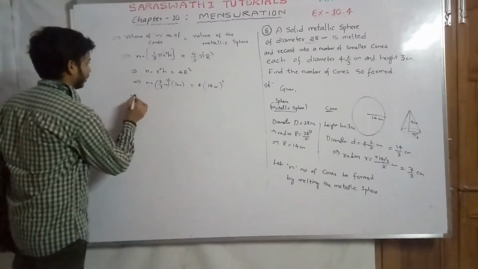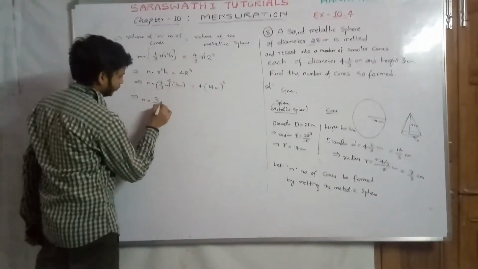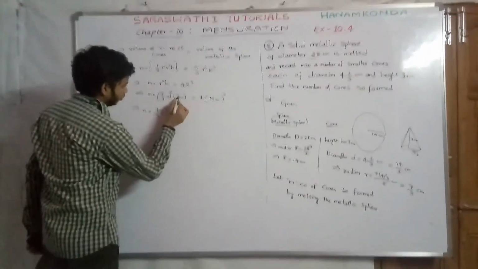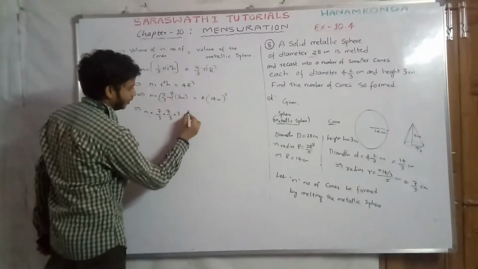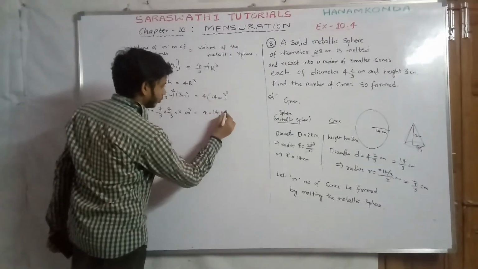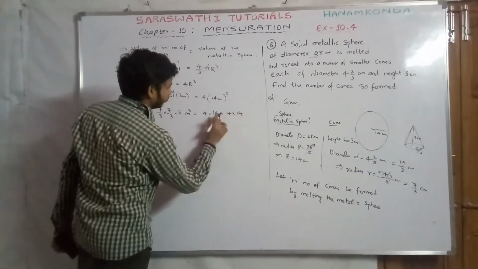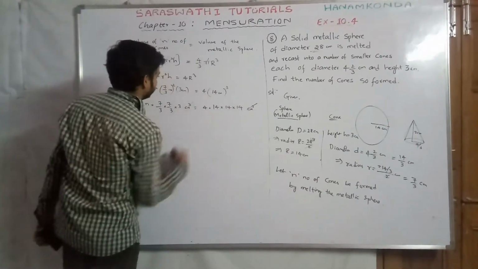So n into 7/3 into 7/3 into 3, in cubic centimeters, equals 4 into 14 into 14 into 14. The cubic centimeters get cancelled.